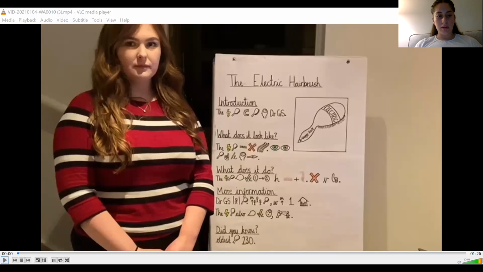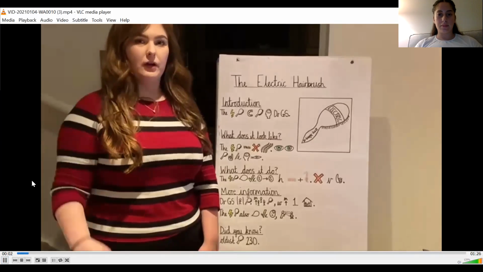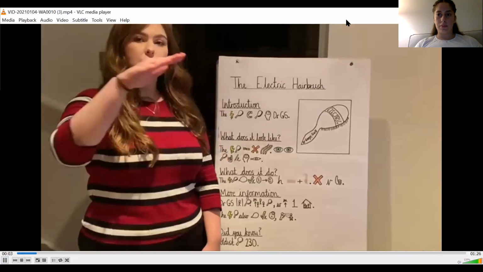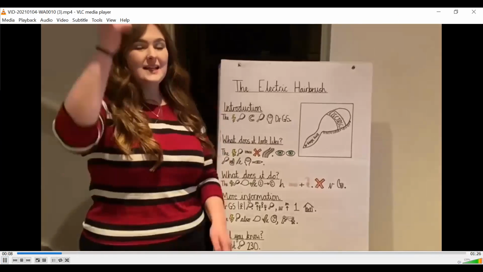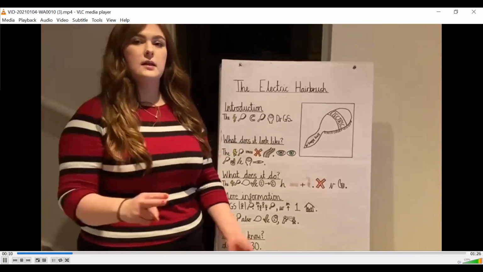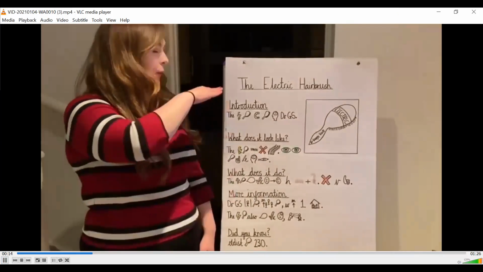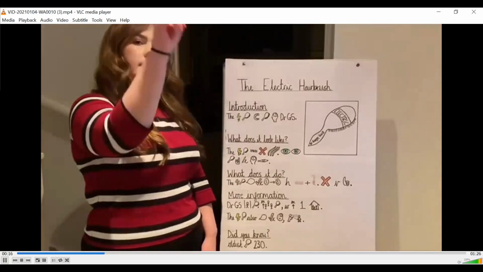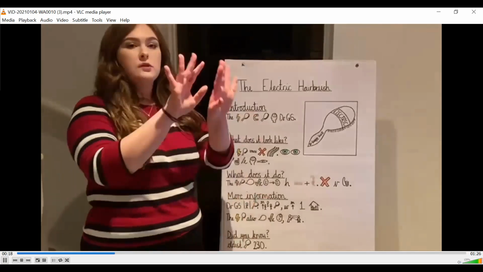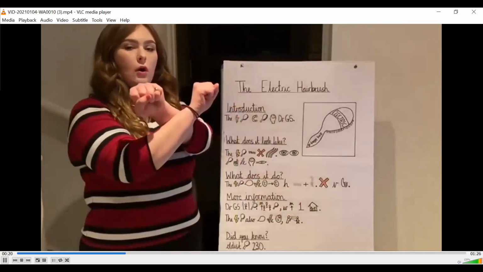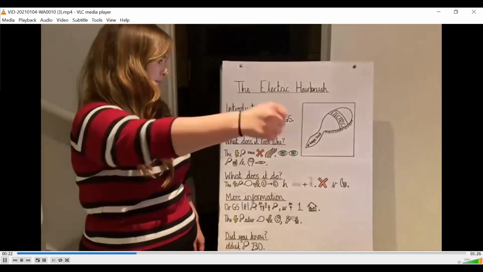Ready? The electric hairbrush. Introduction. The electric hairbrush was actually a magnetic brush invented by Dr. George Scott. What does it look like? The electric hairbrush was made of bristles, not electrical wires.